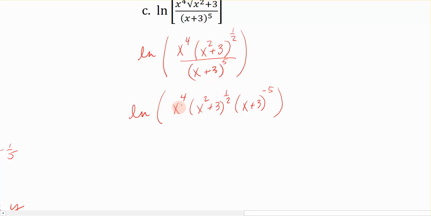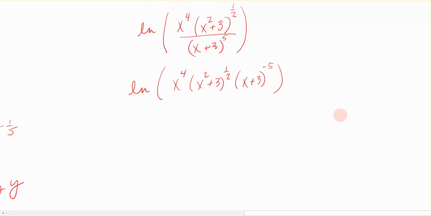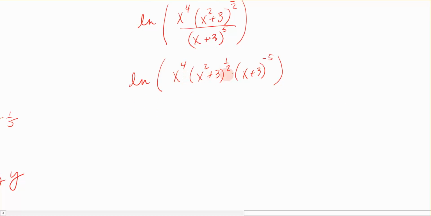Now I have powers, and I have the product rule that I'm going to apply. The product rule says that I'm going to take each of these three terms and write them as a separate expression. So natural log of x to the fourth plus ln of x squared plus 3 to the 1/2 plus ln of x plus 3 to the negative 5.